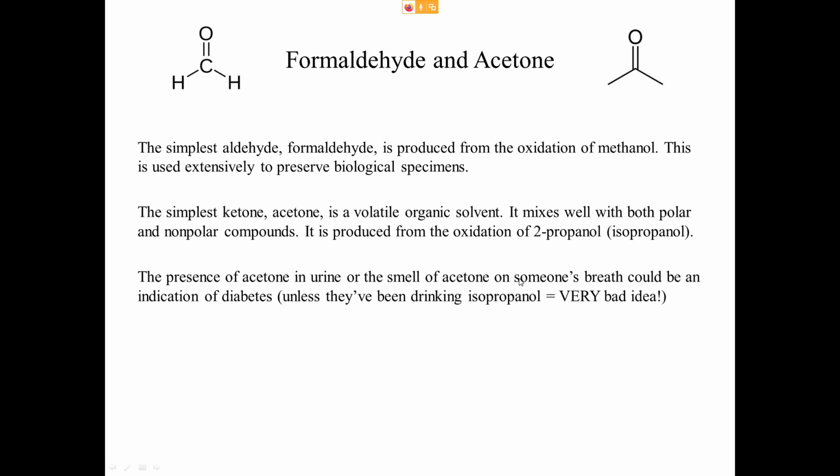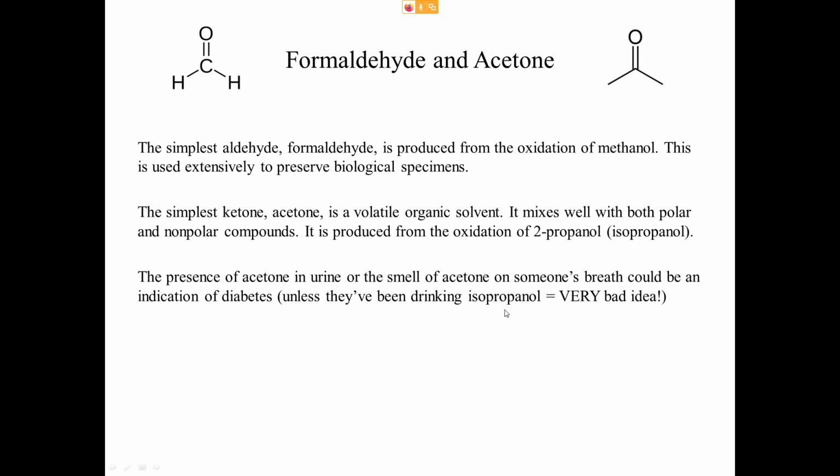If I smell acetone on someone's breath, either they've been drinking acetone, in which case call the morgue because they have an appointment, or they've been drinking isopropanol, which is not quite as bad, but still a very bad idea. Because isopropanol, if you drink it, much like any alcohol, gets oxidized in the liver. So this would become acetone in the liver, which will dissolve away the liver membrane. So if you're drinking isopropanol, they're going to die rather quickly.